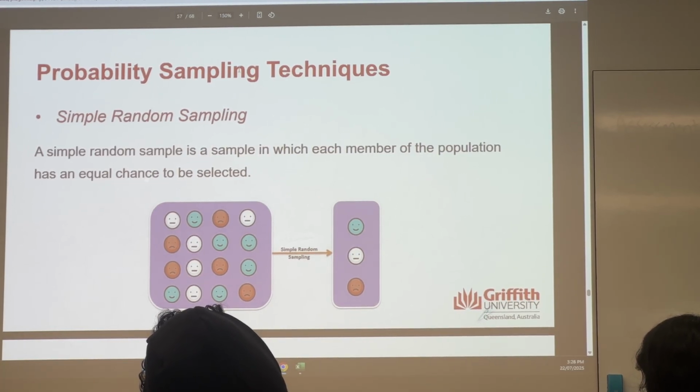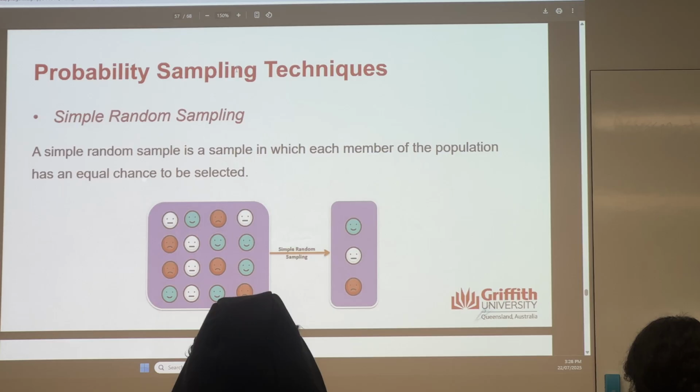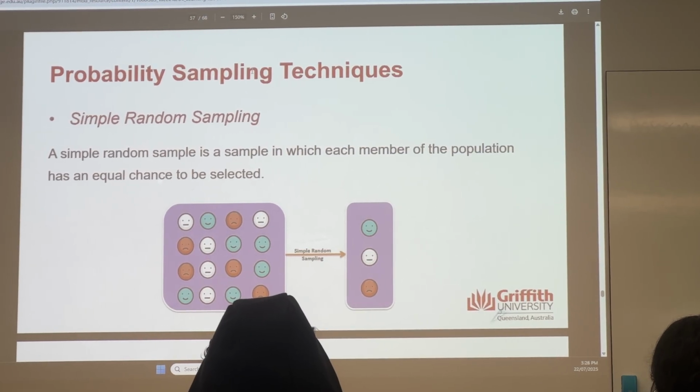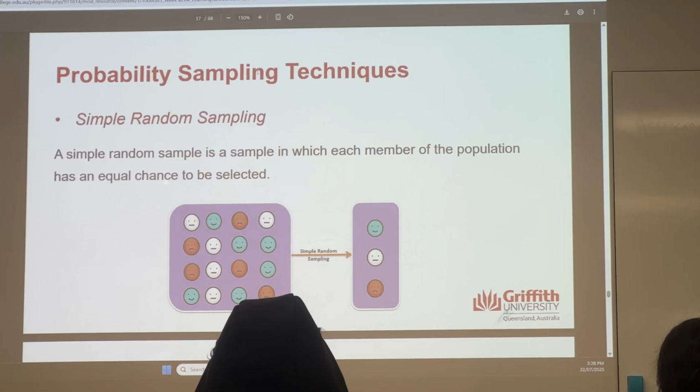What's the problem with too random? I mean, studying means you question, right? That's the meaning of studying. You need to question why you're doing it. What is the problem with this?